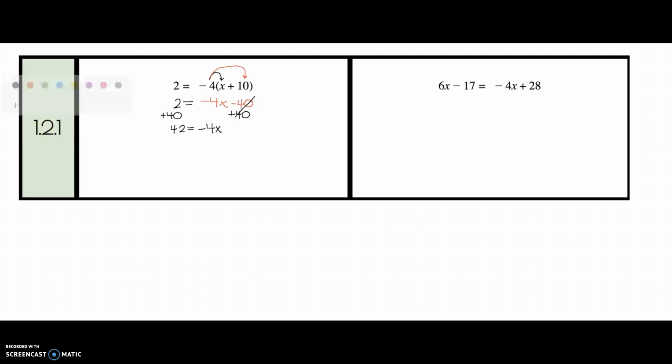Finally, my last step: I notice that these 2 are squished together, so I know that they are being multiplied, and to undo multiplication, I would want to divide. So I want to divide both sides by -4.